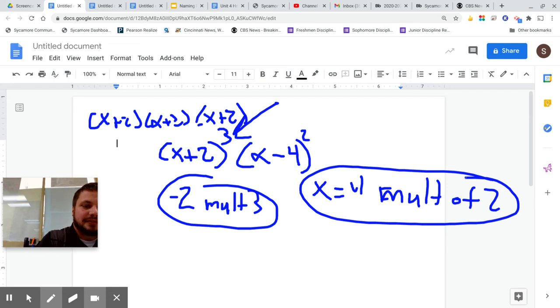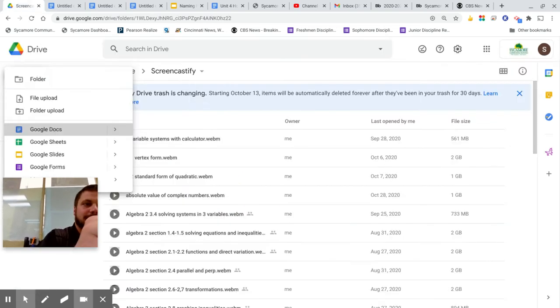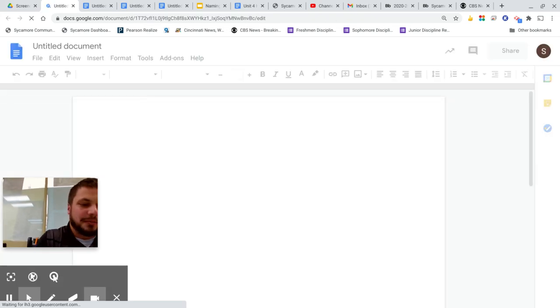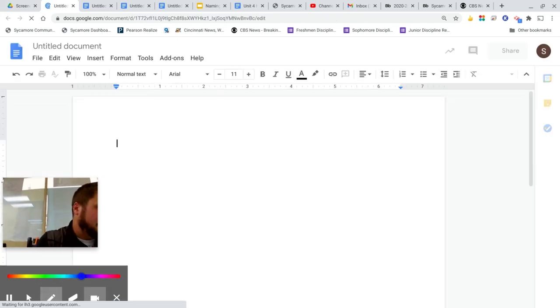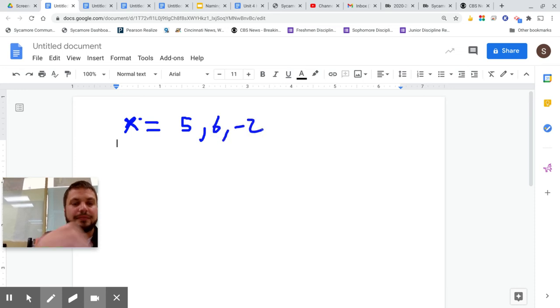Let's try this. One more type of problem we've got to go over here. We need a new document, I guess. Okay. We want to write a polynomial when given its zeros, okay? So let's say that we know that x was equal to 5, 6, and negative 2.